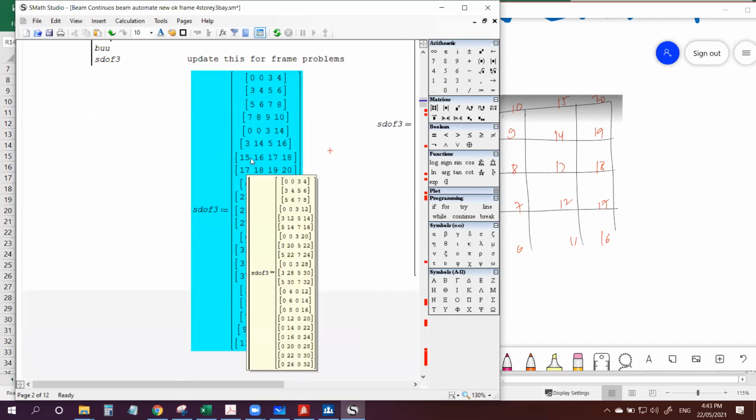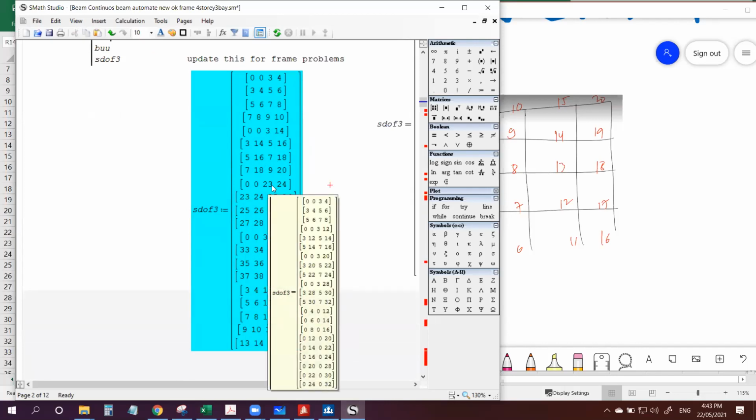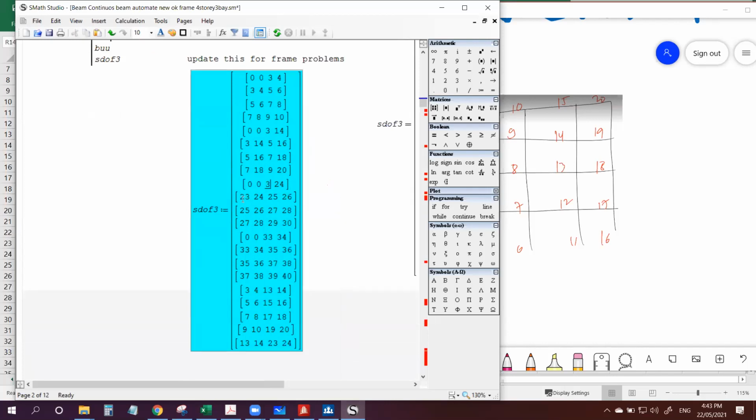So then this becomes 3 and this is 5. This becomes 5 and 7. The lateral. These are the lateral displacements. This becomes 7 and 9. That's it. 0, 0 again, 3.